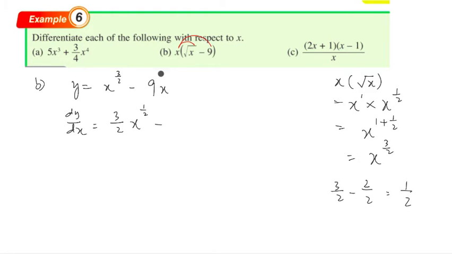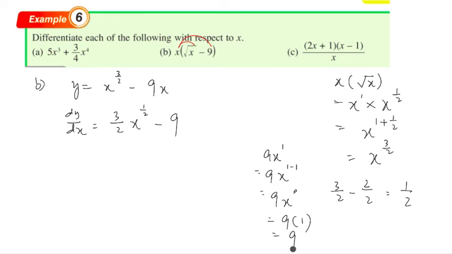Minus, if you differentiate 9x, you get 9. Remember just now with power 1, 1 minus 1, no more. 1 times 9, 9. x to the power 1 minus 1. Okay, this one power 1, you differentiate, you get 9. 1 times 9, x to the power 1 minus 1. 1 minus 1 means power 0. When power is 0, it equals 1.